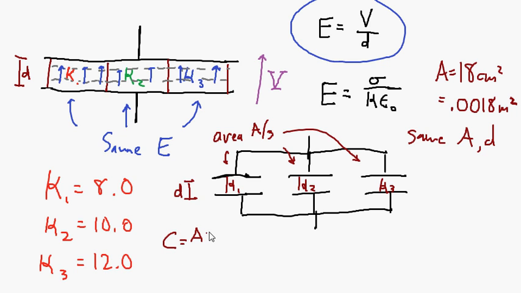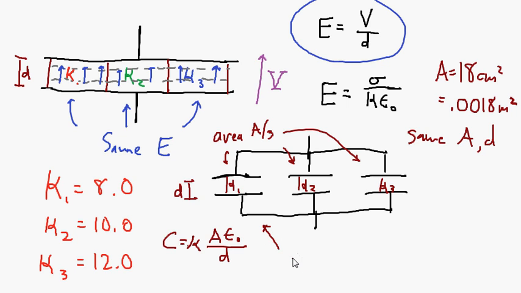C equals A epsilon naught over D, except, well, see, I forgot already. I've got that whole kappa thing to deal with, so I wish I could do this on the marker board. Okay, so C equals kappa times A epsilon naught over D.